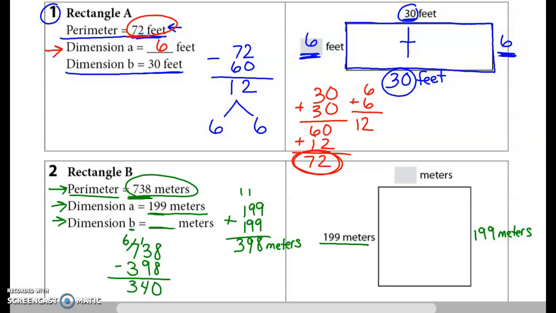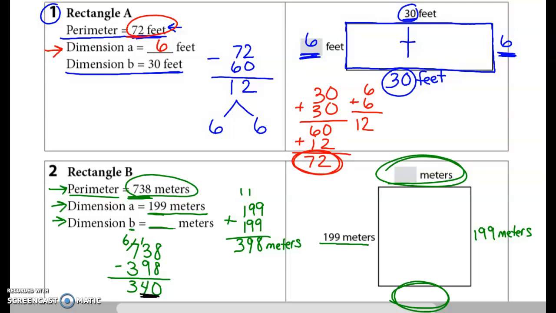This 340 tells me that this side and this side together equal 340. So I still need to figure out what is half of 340. How can I break that number in half?